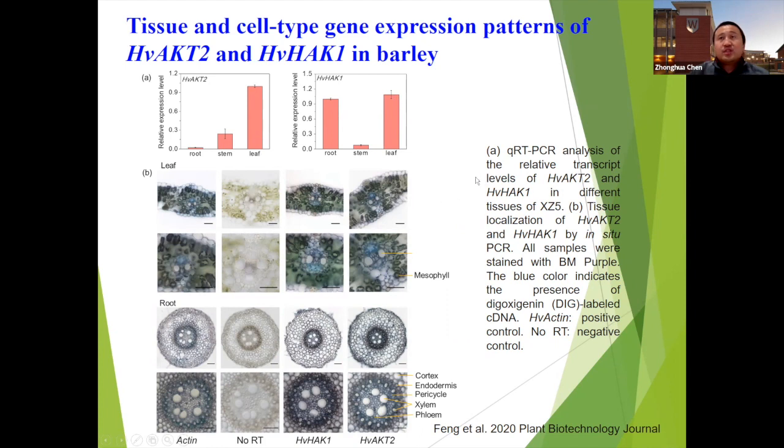And we used in situ PCR to locate the two genes. You can see they are in the bundle sheath, the blue stain, and also in the root. No RT means no reverse transcription, so that serves as a negative control.